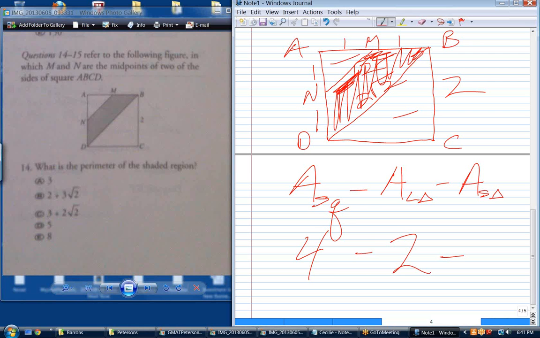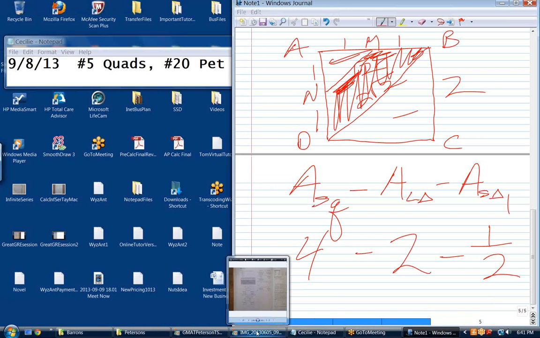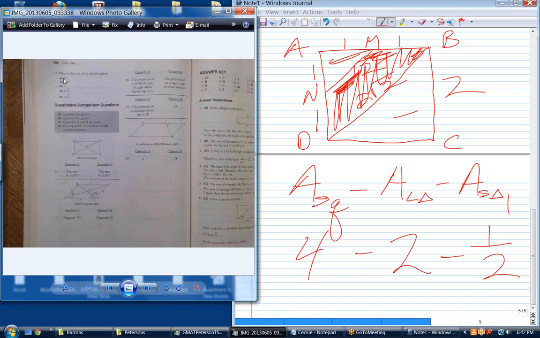What's the area of a triangle? It's 1/2 base times height. So what's the area? It's a half. So what's 4 minus 2 minus a half? 1.5. And that's answer A.